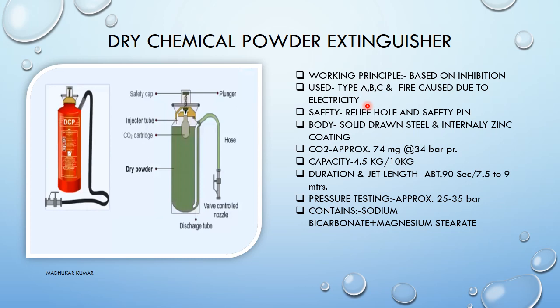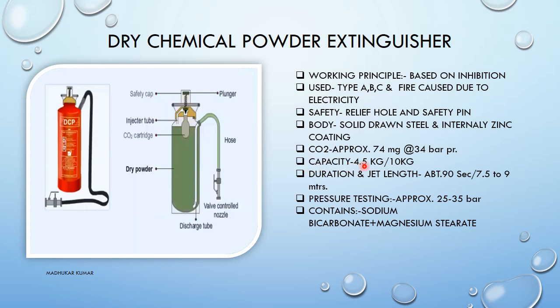But the demerit is the cleaning of these appliances or removal of this DCP powder after work for the correct operation of it. Okay, now the safety relief hole and safety pin, body solid drawn steel and internally zinc coated are the same. CO2 74 mg at 34 bar, or as per the capacity it can change also.